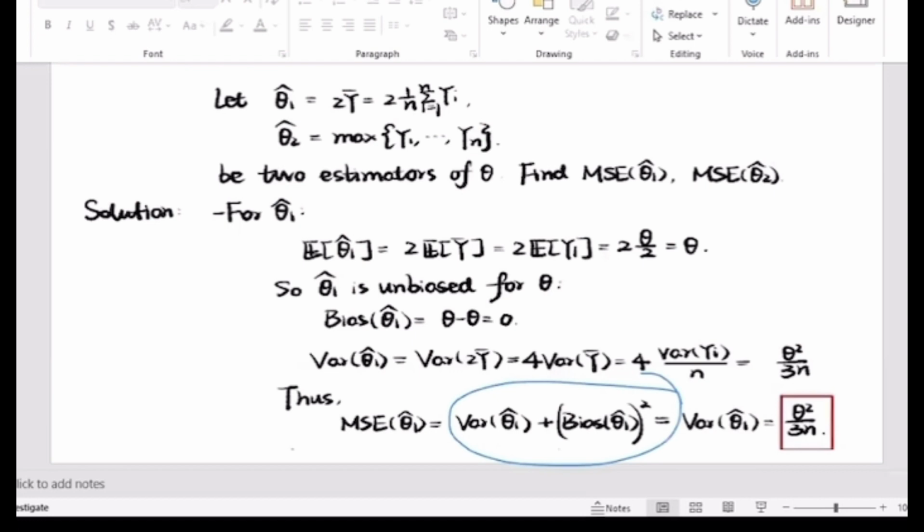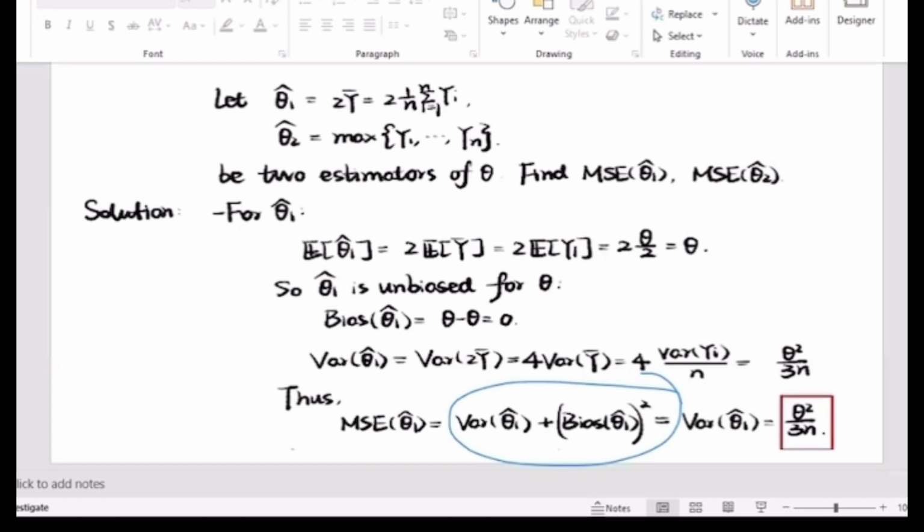Does that make sense? Professors have a lot of tricks. So if I were you, if an estimator is unbiased and I asked you to find the mean square error, all I need you to tell me is that the mean square error is also going to be the same as the variance.